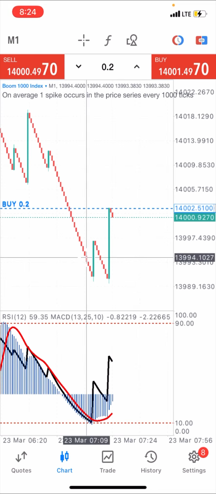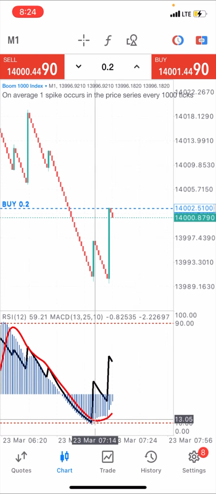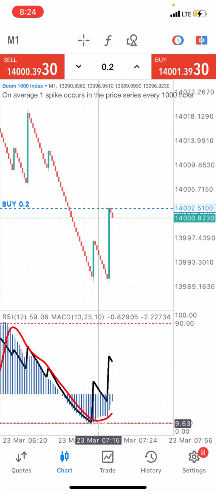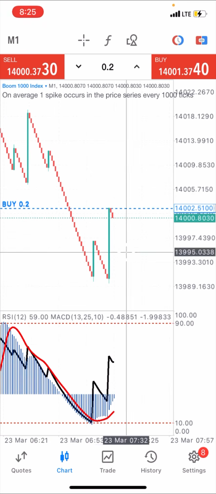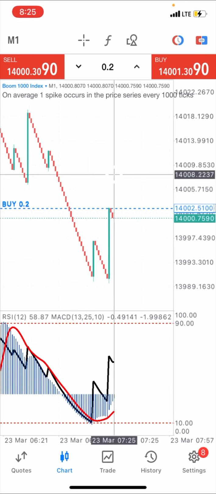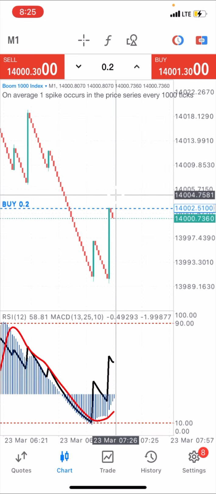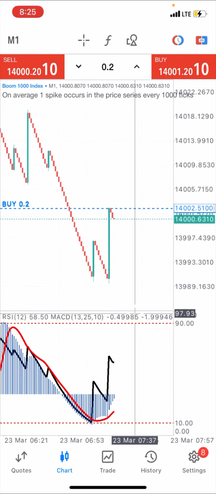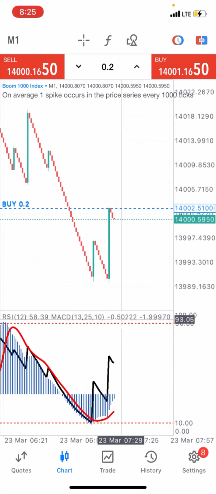Now, this entry was supposed to have been somewhere around here. When these two indicators converged around here, that's when I would have made this entry. But I just did this because I feel like it's going to spike again. It might not spike again immediately, but it's still going to spike because this black line is going to have to come back to this region before there's a proper sell.